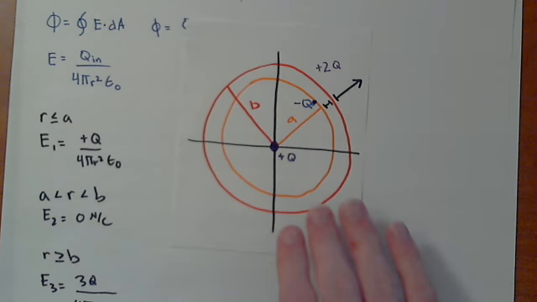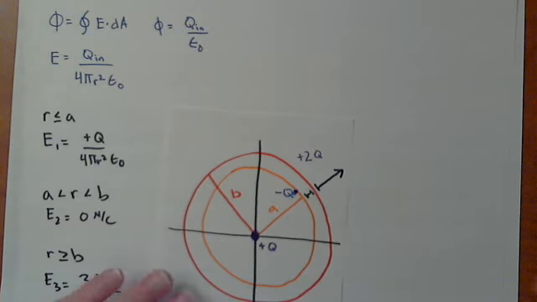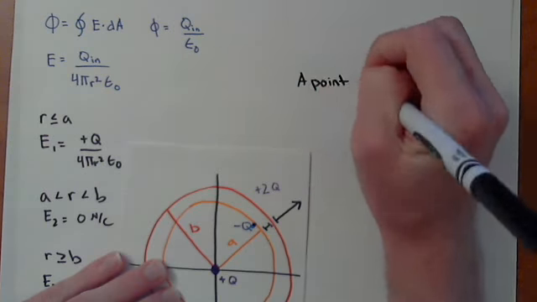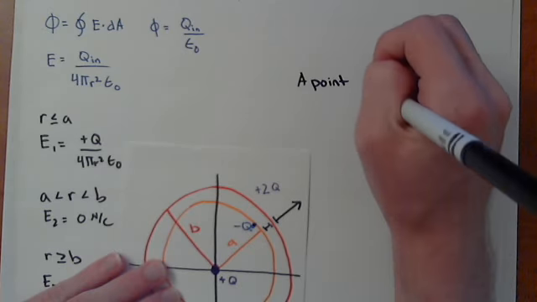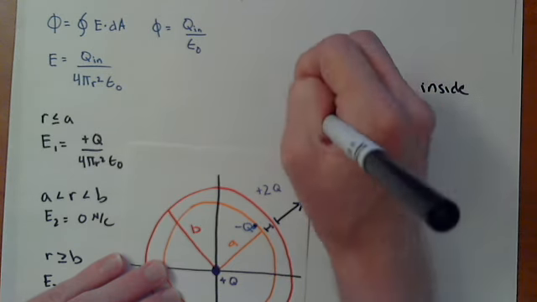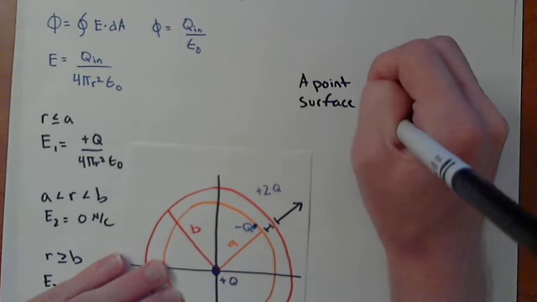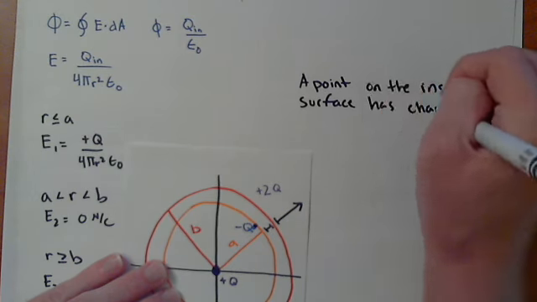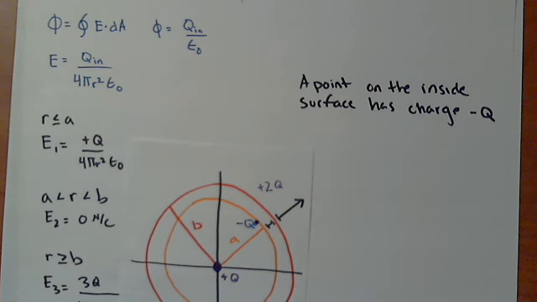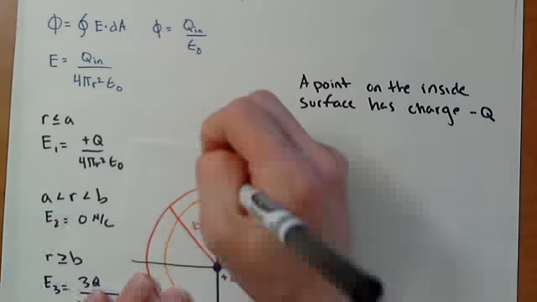So we know that a point on the inside surface has charge negative Q. Now, we're also looking for a point that's on the exterior surface.